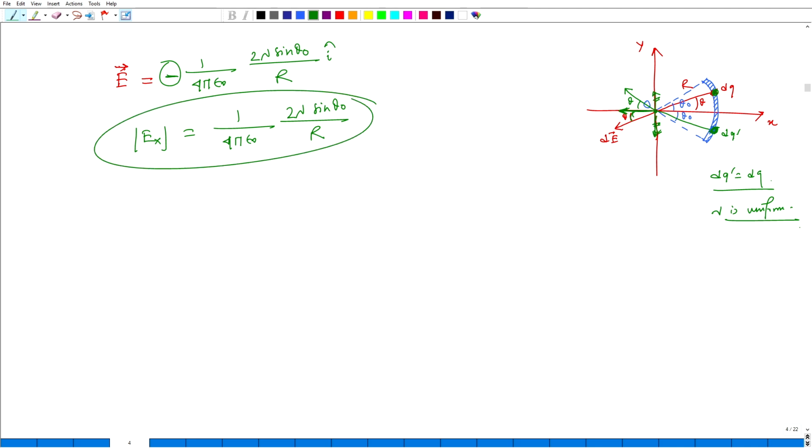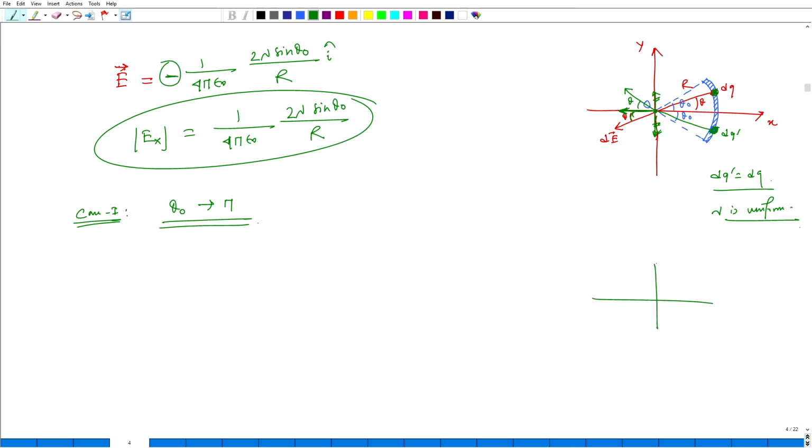When you are calculating the electric field due to this kind of system, you should first check the limiting cases. Case 1: if we take the limit theta naught tends to pi, then this becomes a full circle instead of an arc.